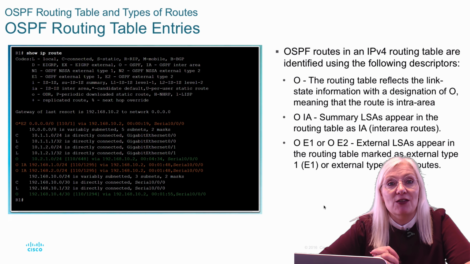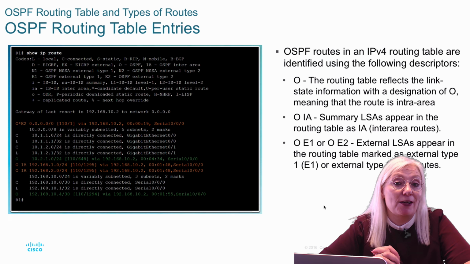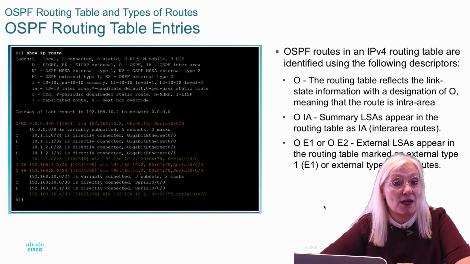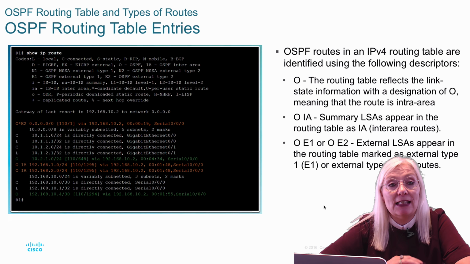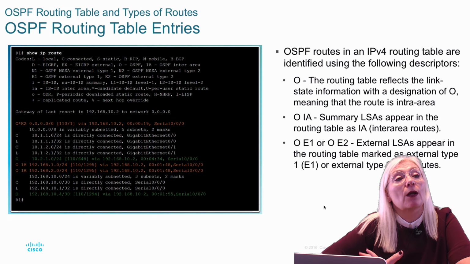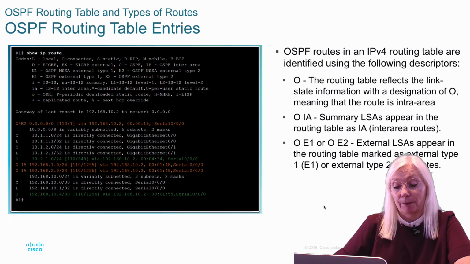The IA is a summary LSA that will tell us about the inter-area routes. So these are routes that I know of in a different area than myself. And we can see also there is an external, either an external type 1 or an external type 2, that will also be identified in our routing table.